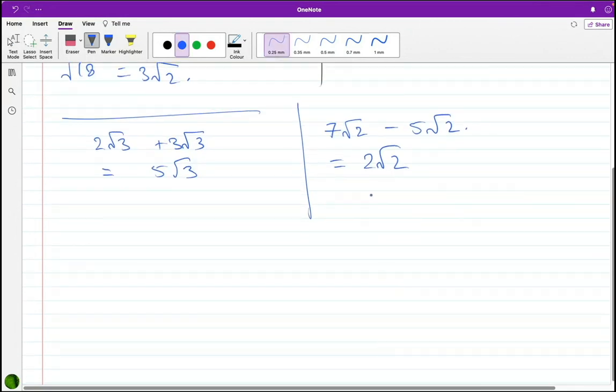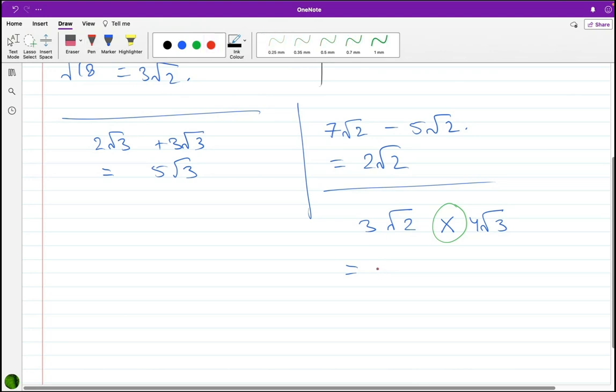Mahat again. Okay. 3 square root 2 multiplied with 4 square root 3. Would it be 12 root 3? 12 and then root 6.